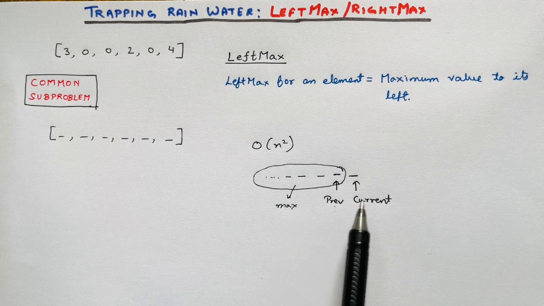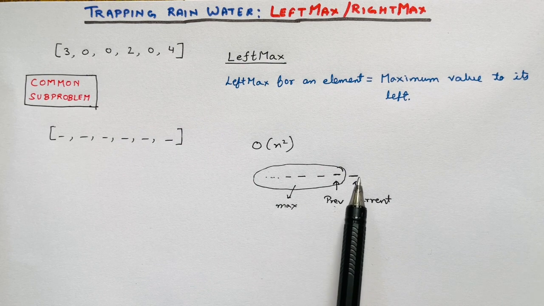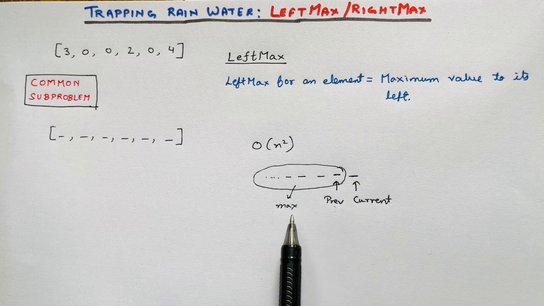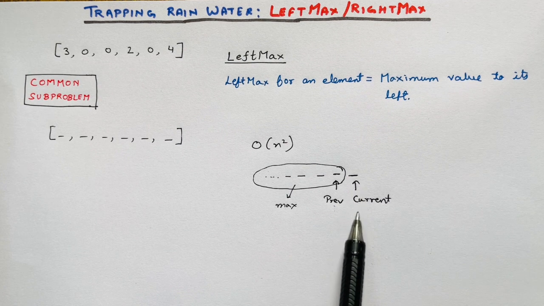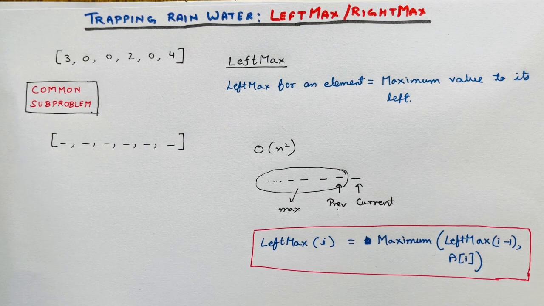And if the maximum is greater than current, that means even for this element, the left max will be equal to this. While if the current is greater than the maximum, then the left max for this element will be equal to current. So can we not say that left max at i is equal to maximum of left max at i minus 1 comma A[i]?